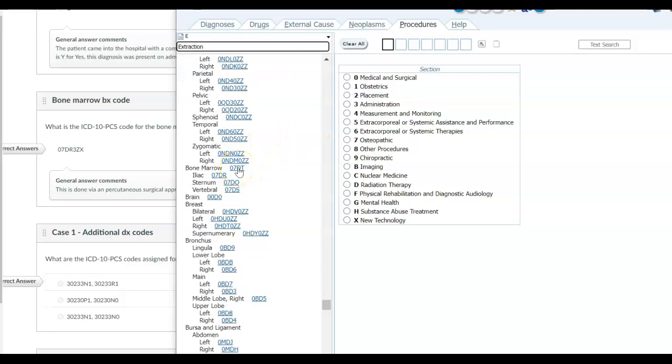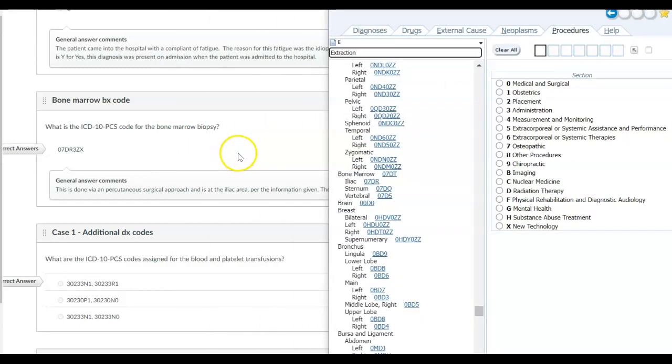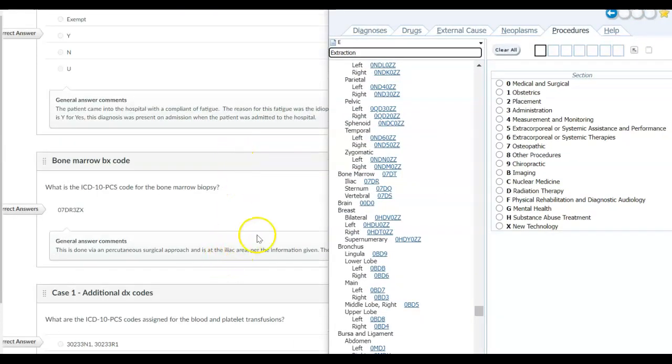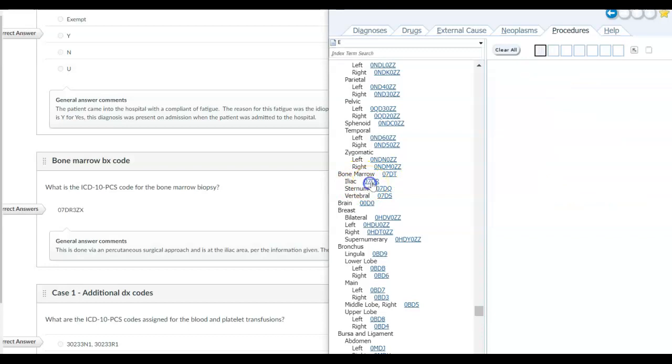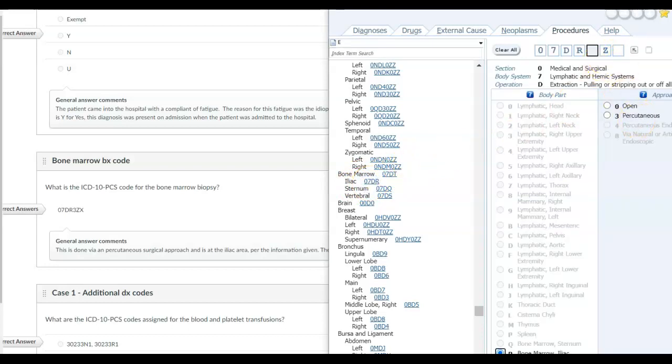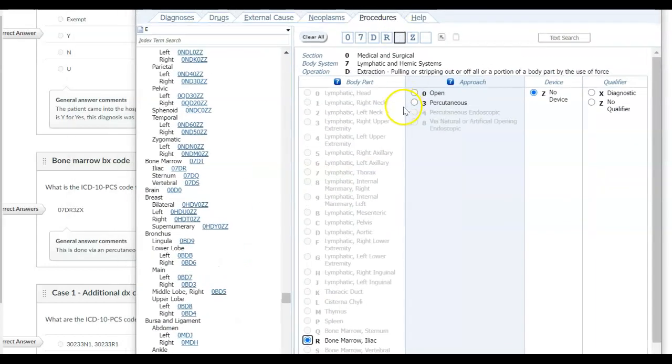Okay, so on that note, let's see exactly where they went from, the iliac area. Okay, so we go to bone marrow, iliac, 07DR. Right. The next one we need, it was percutaneous, 3, and we do know it was diagnostic. All right, so that's going to be the one procedure.